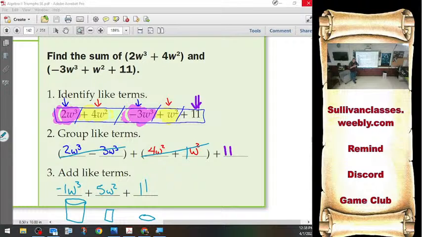Those aren't the same thing, so I can't add them together. It's just done. What I'm saying is it's not simplified because I don't need to write the 1. Remember? Most of the time that 1 is invisible. So I'm going to erase the 1, and I'm just going to have my negative in front of it.